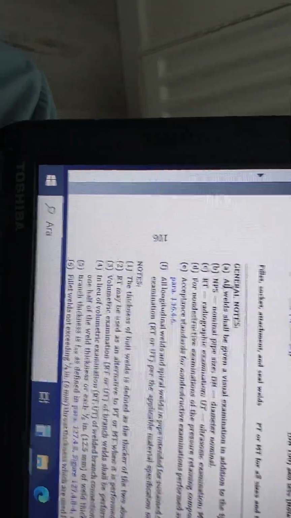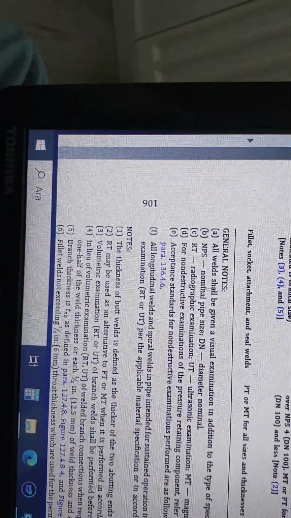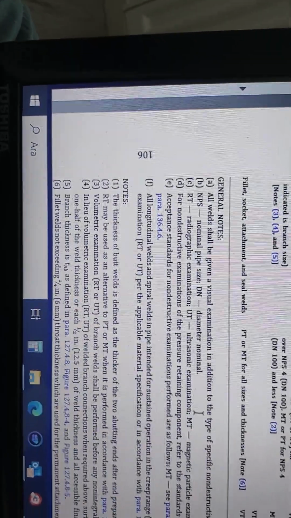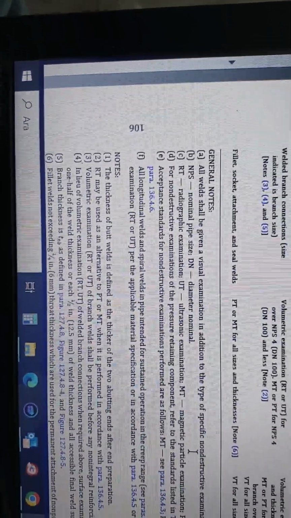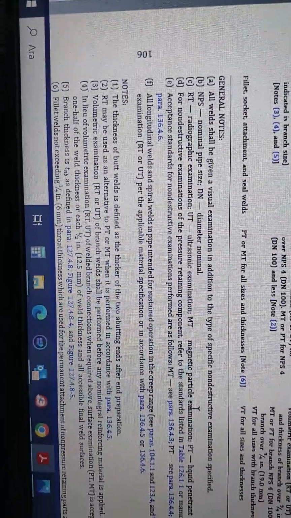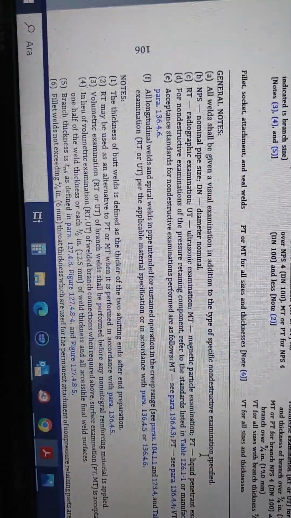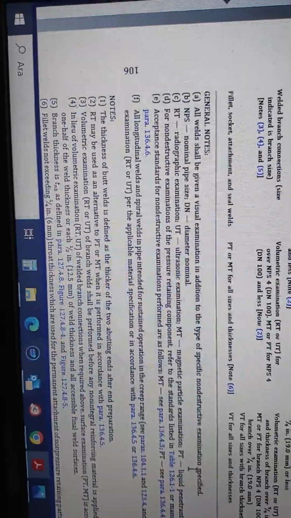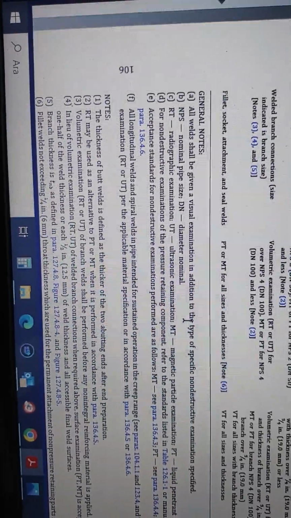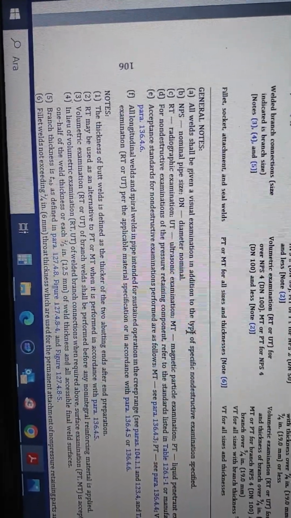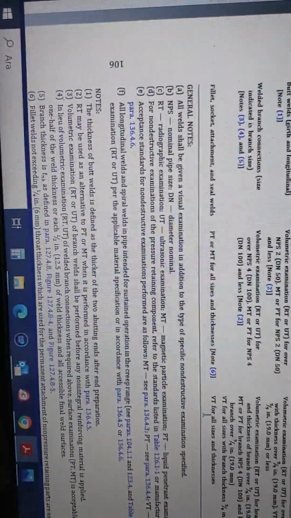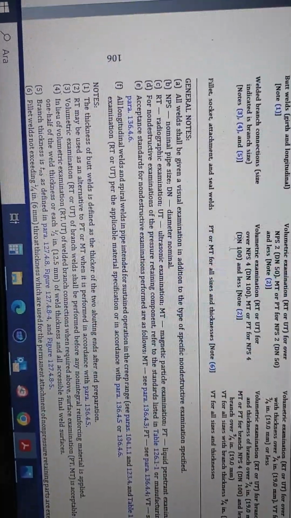For general notes, all welds shall be given a visual examination in addition to the type-specific non-destructive examinations. That means we need to follow this table.